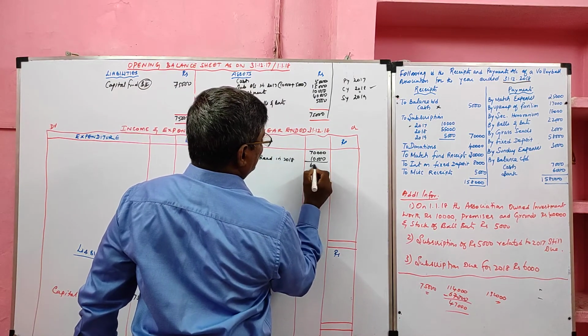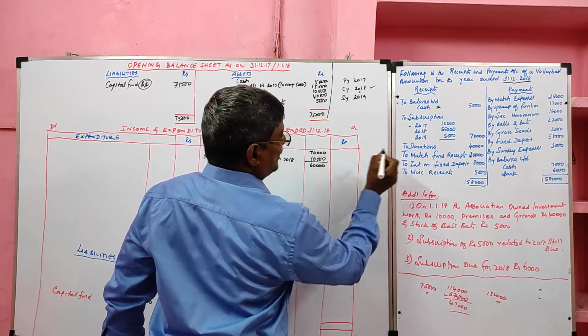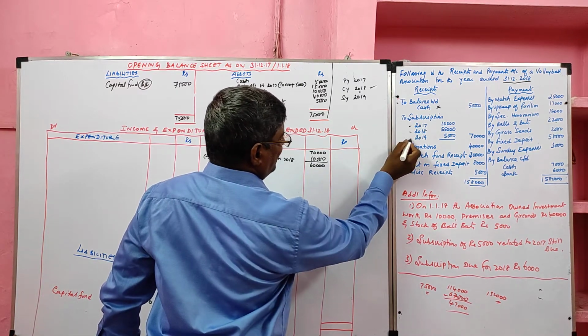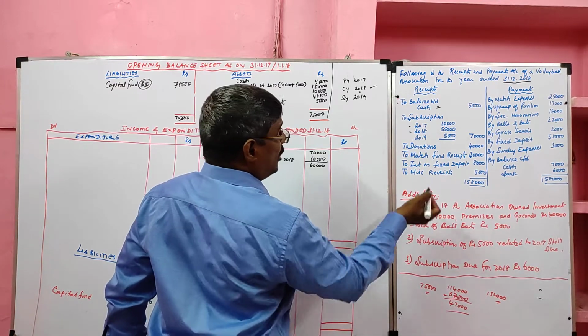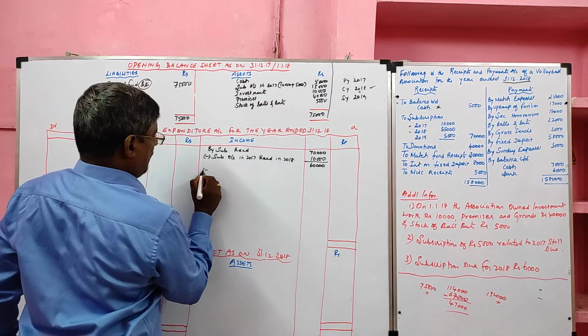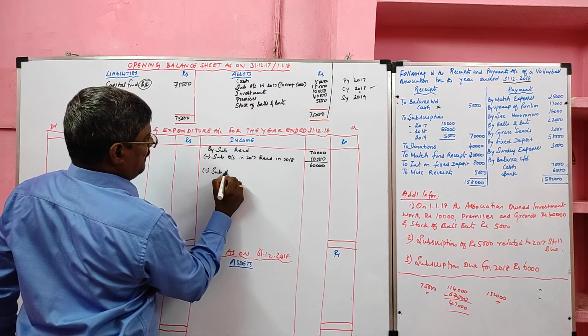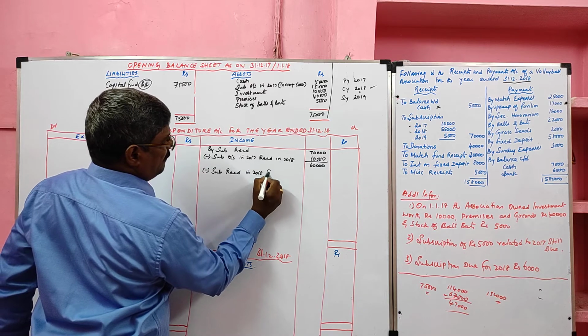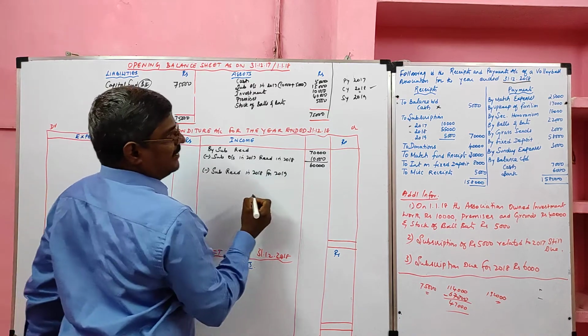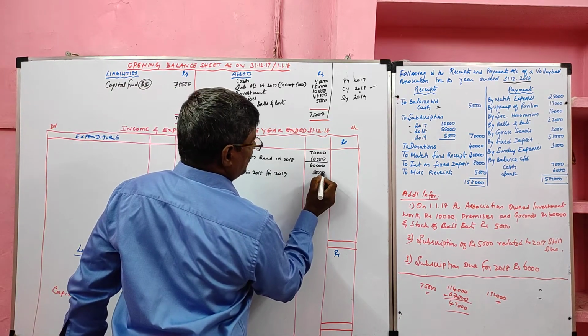We have to deduct. Then this is current year, we can leave it. This is subscription received in 2018 for 2019. Subscription received in 2018 for 2019. How much is its value? 5,000.